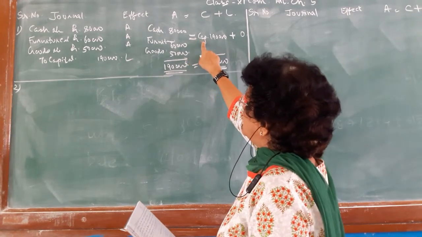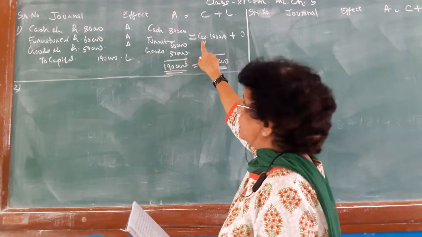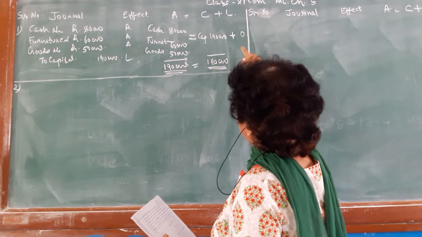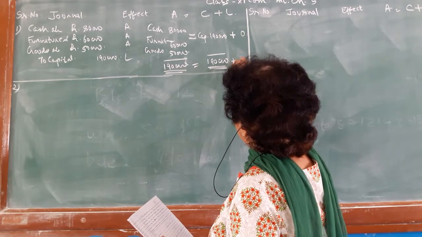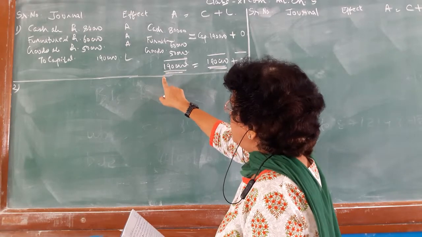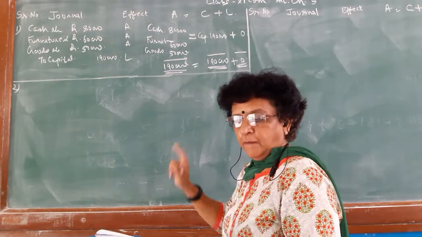The capital is the person who has contributed, so the capital account is 1,90,000. There is no liability, so the liability is 0. So the total becomes 190 on the asset side, 190 on the liability side.